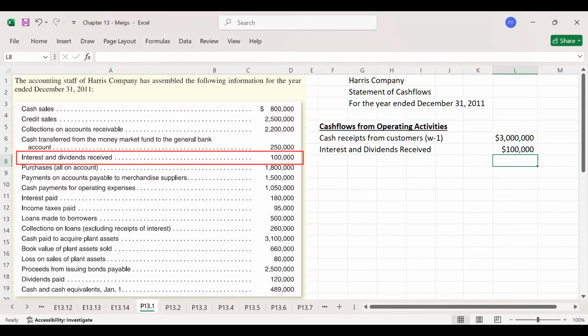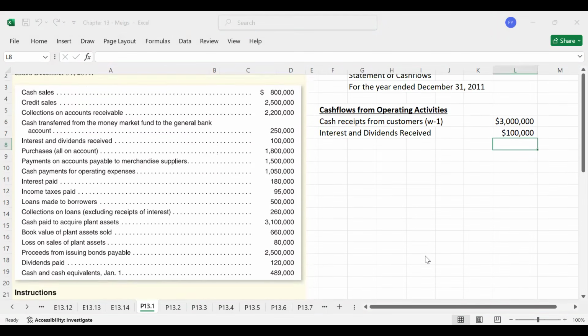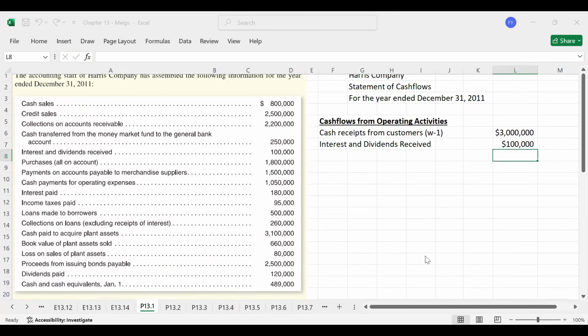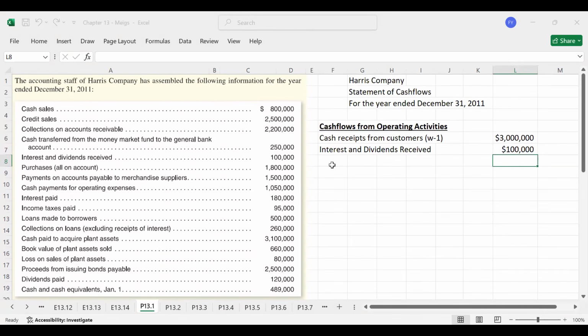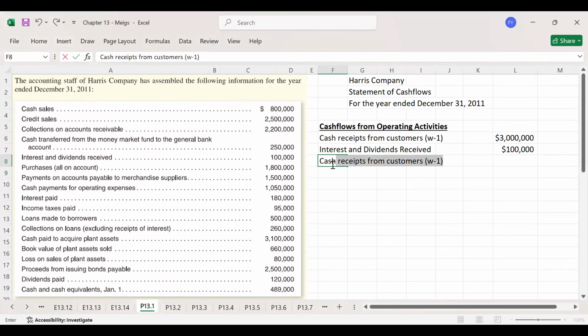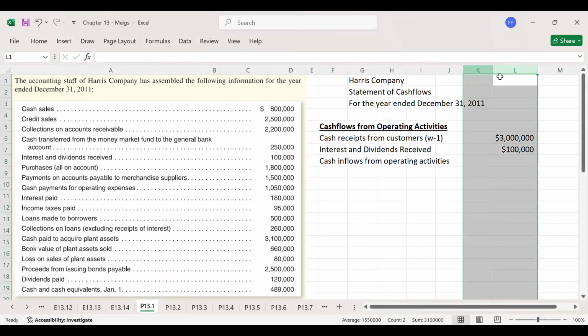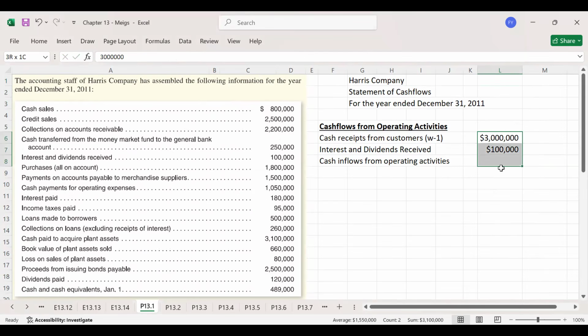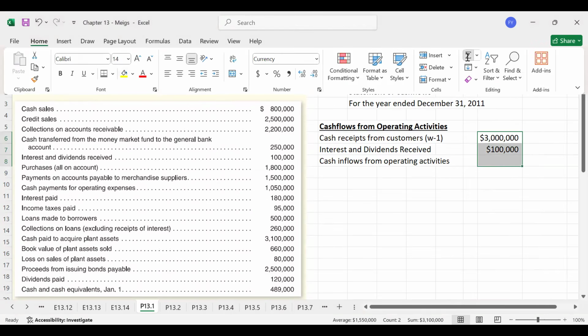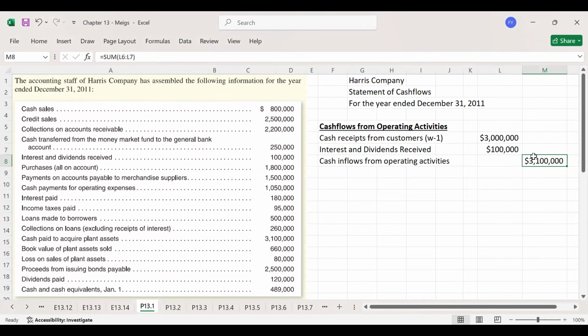As we do not have any other cash inflows from operating activities, this is our total cash inflows from operating activities, which we represent in the outer column after adding. The sum is 3.1 million.